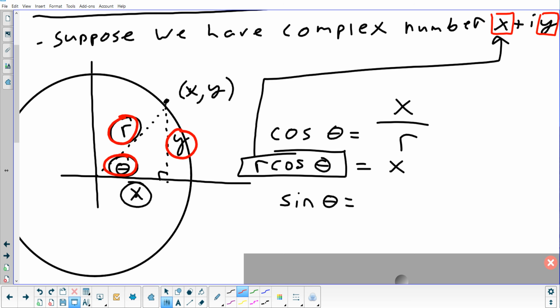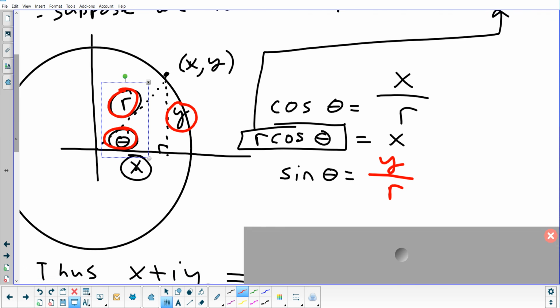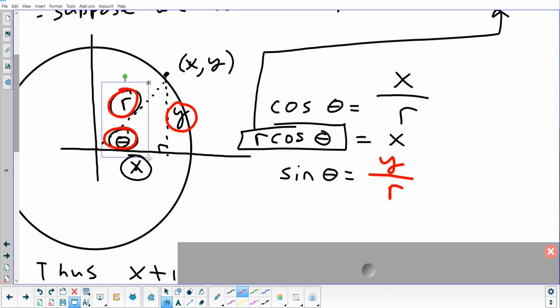The sine of theta would equal, can someone tell me what would go on the other side? Y over r. Sine is opposite over hypotenuse. And again, the whole point is to find a formula that I can use substitution for with the y. So let's get y by itself.